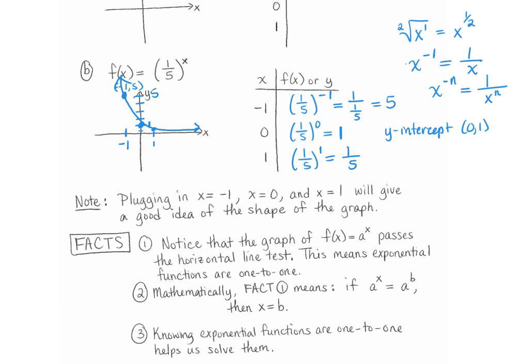So it's decreasing. So if your base, a, for an exponential function is between 0 and 1, so notice that a is equal to 1/5, which is between 0 and 1, that means our function is going to be decreasing. Very good.